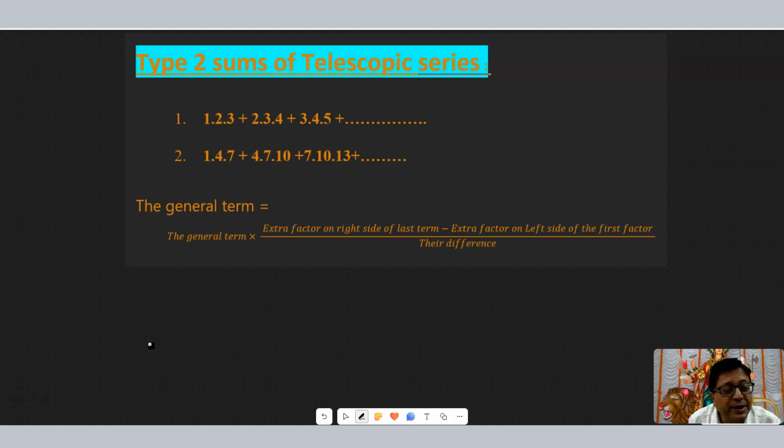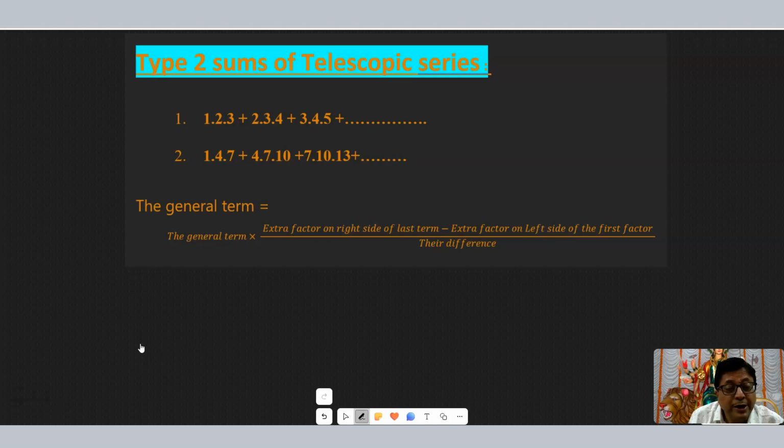We write an extra factor on the right side of the last term, an extra factor on the left side of the first factor, and divide by their difference. So again the problem is that we have to write the nth term. We have to take one factor extra on the right hand side, one factor extra on the left hand side, and divide by the difference, and then proceed.